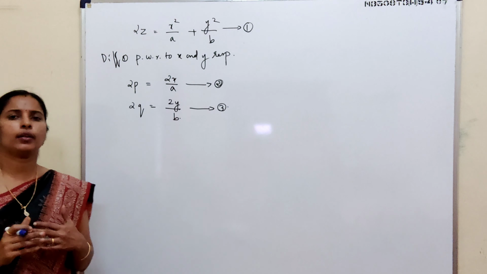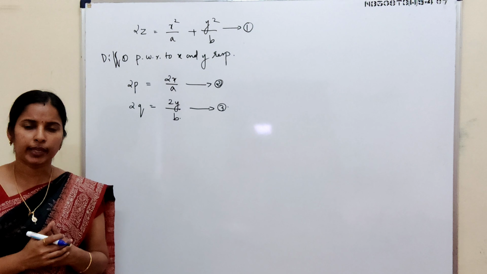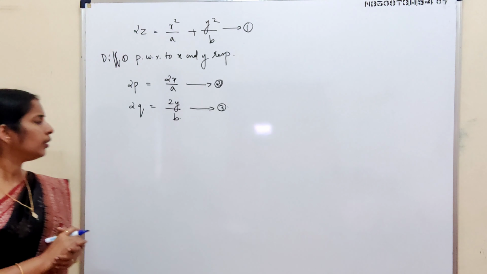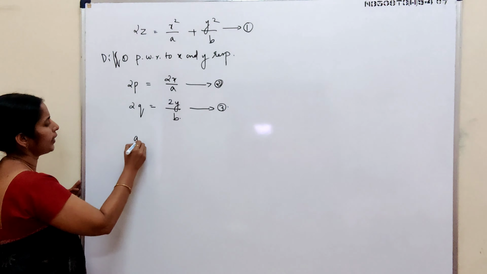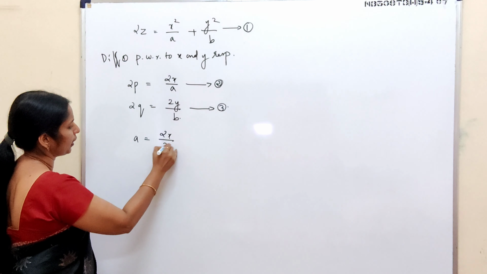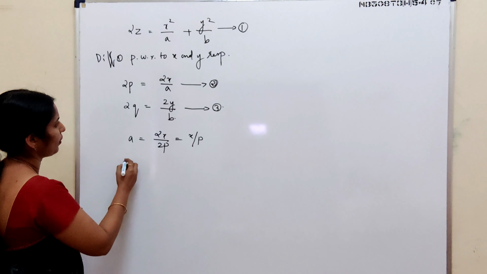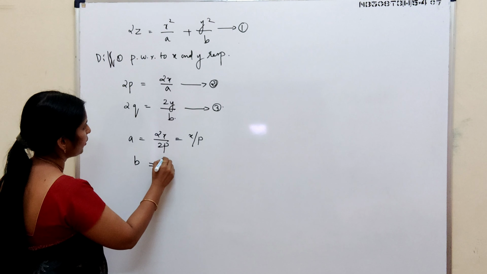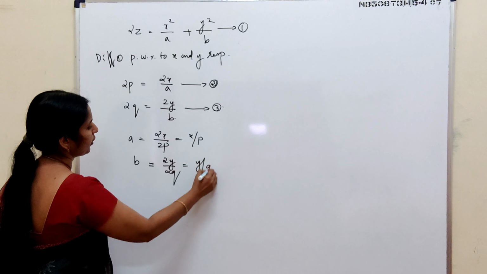We have to make an equation which contains the partial derivatives, and at the same time that equation must be independent of a and b. So from equation number 2, the arbitrary constant a is given by 2x by 2p, that is x by p. Again from equation number 3, the arbitrary constant b is given by 2y by 2q, that is y by q.